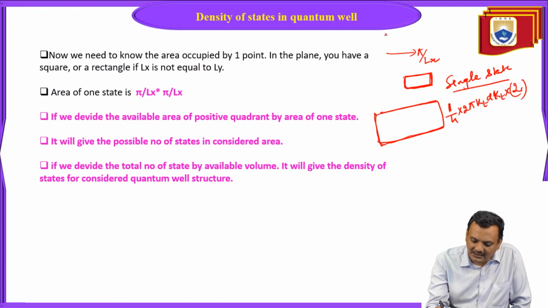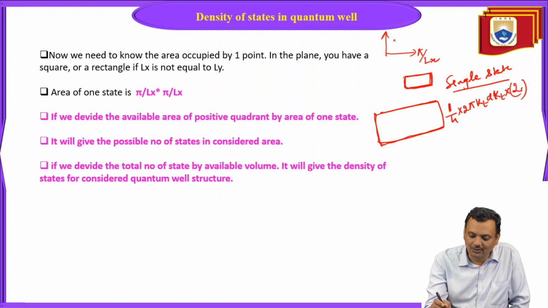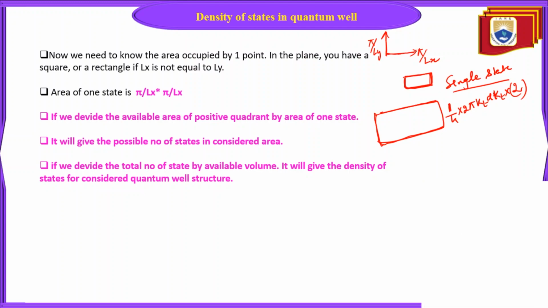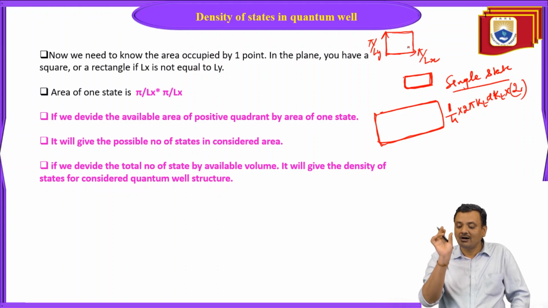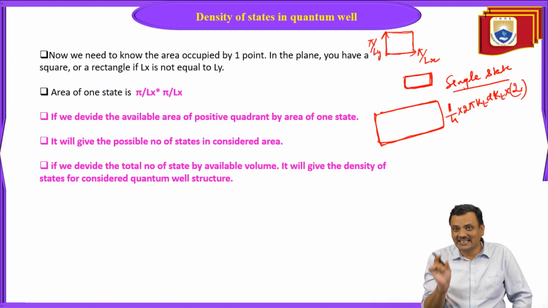In the y direction, the lowest possible value of ky is pi upon Ly. This will construct a rectangle, and this rectangle area will give the area of our single state, because only the variation of Lx and Ly will give the variation of k.